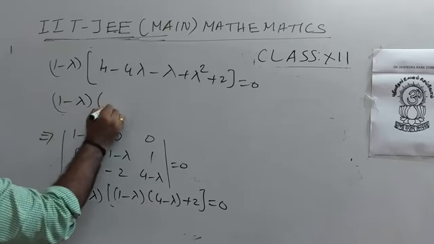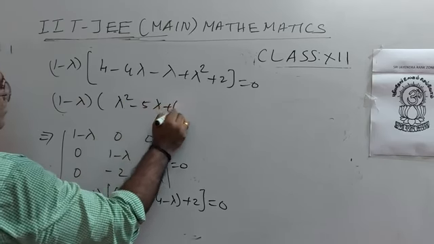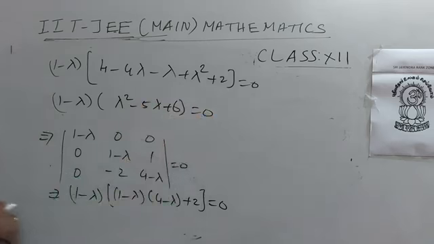That is, 1 minus lambda into (lambda squared minus 5 lambda plus 6) equals 0.